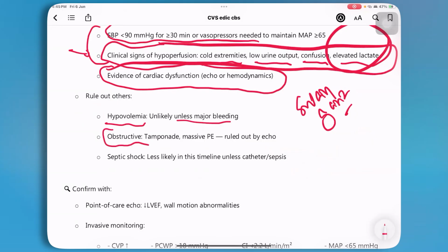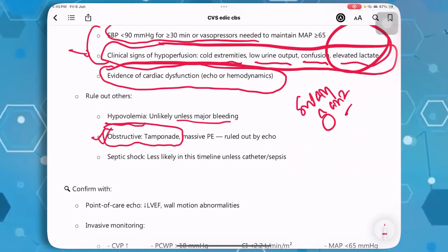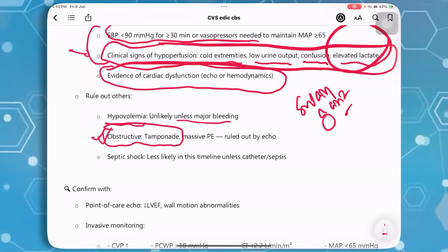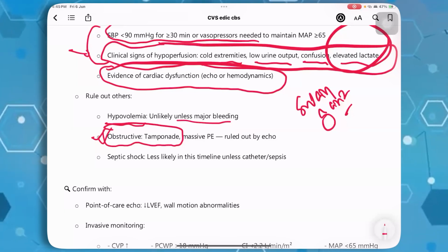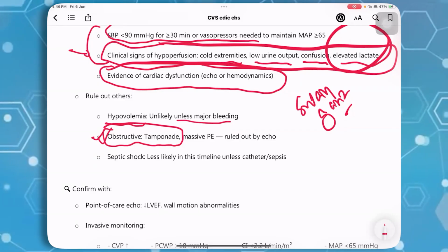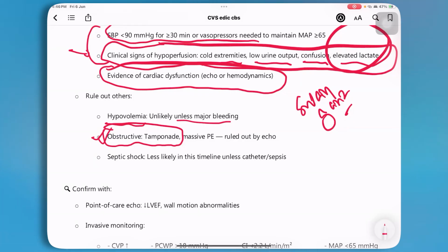Another important diagnosis that should not be missed in a patient who has been taken up for a primary coronary intervention is cardiac tamponade. That is, by mistake or by bad luck, the patient had a rupture of the coronary artery, that is dissection, and there was bleeding into the pericardium. Or even worse luck is myocardial free wall rupture.